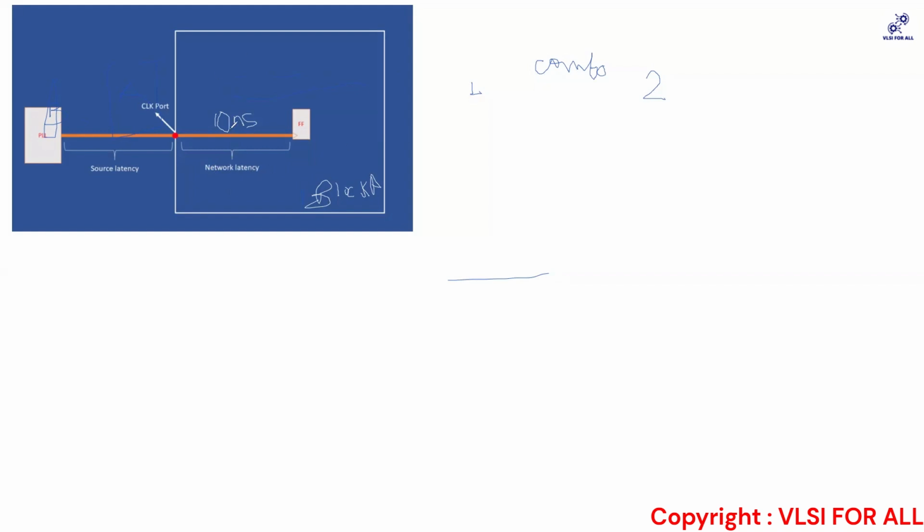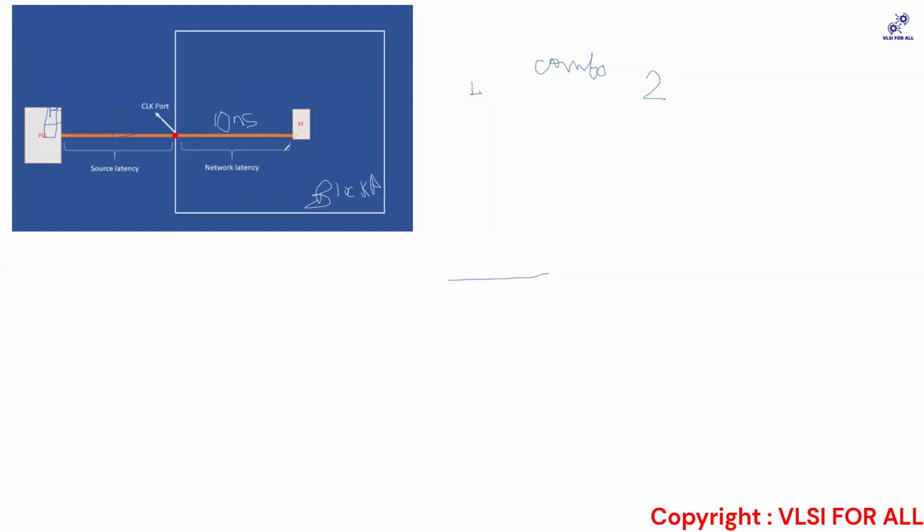Because in this design, you are only intended to look at how much delay there is for the signal to reach from the clock port to the clock pin of my flop. So that is termed as nothing but your network latency. Now, when you look at the bigger picture, the clock has to even reach your clock port. The constraints also keep on changing.